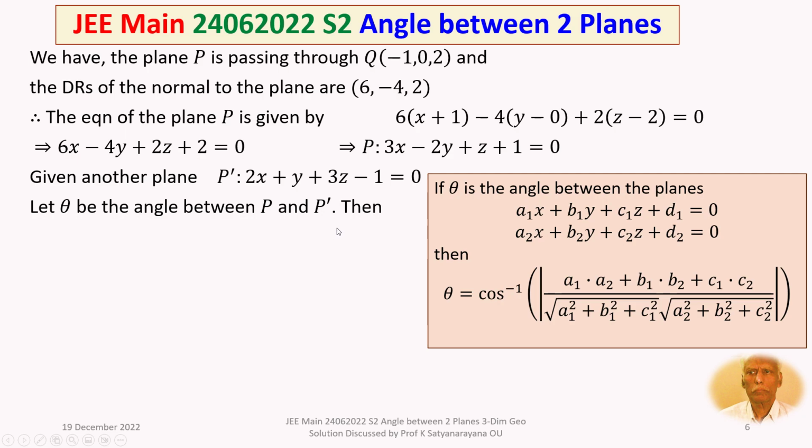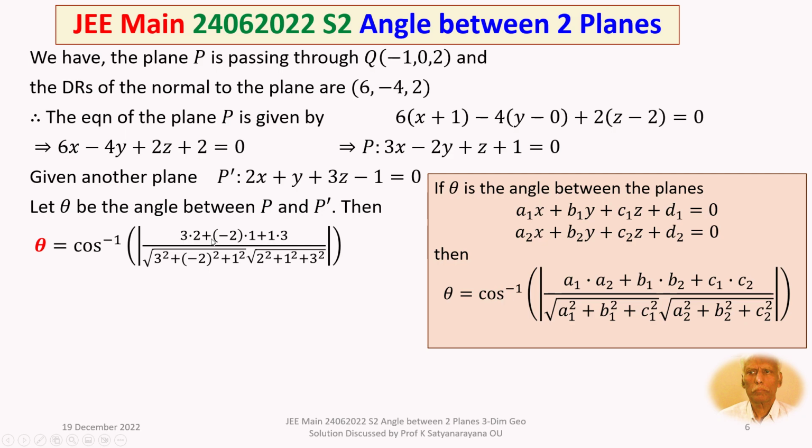Now theta is equal to cos inverse of, in the numerator, 3 into 2 plus -2 into 1 plus 1 into 3, divided by the square root of 3 square plus -2 square plus 1 square, and in the denominator again the square root of 2 square plus 1 square plus 3 square.